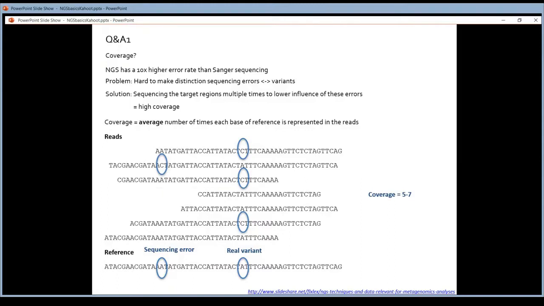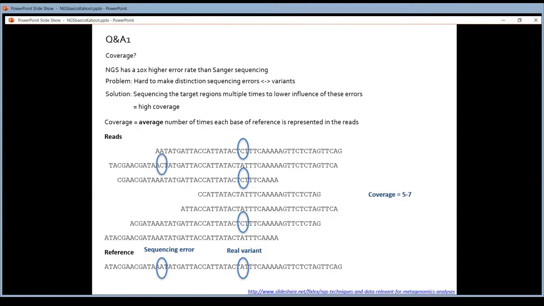It's very hard to make a distinction between a variant, which is a different base than in the reference, and a sequencing error, which is also a different base than in the reference. So you need a way to make a distinction between sequencing errors and real mutations, real variants.